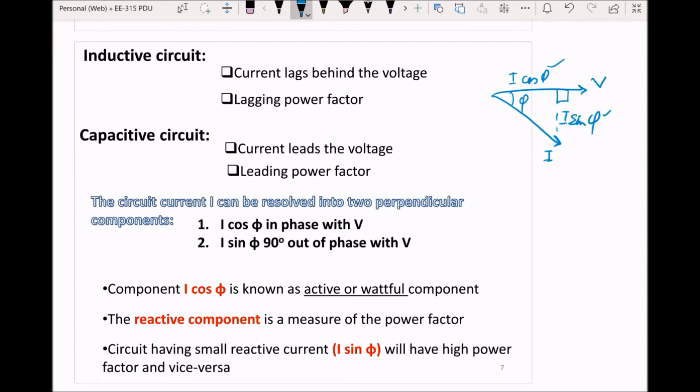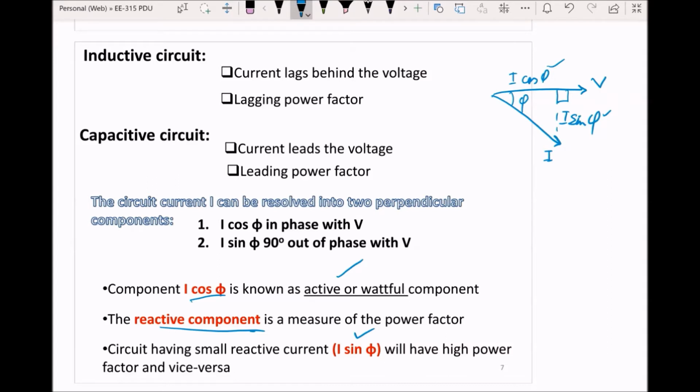So the x component, which is the I cos phi, can be called the useful or the wattful power, and the y component, which is the I sin phi, is the reactive component or the wattless component. So the active component is I cos phi and the reactive component is I sin phi.